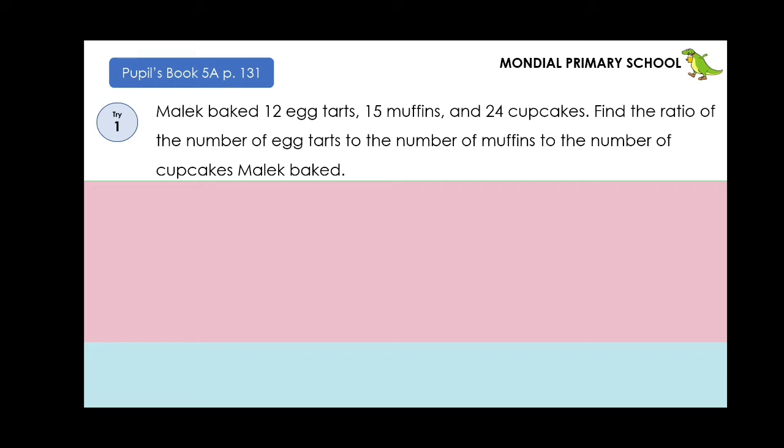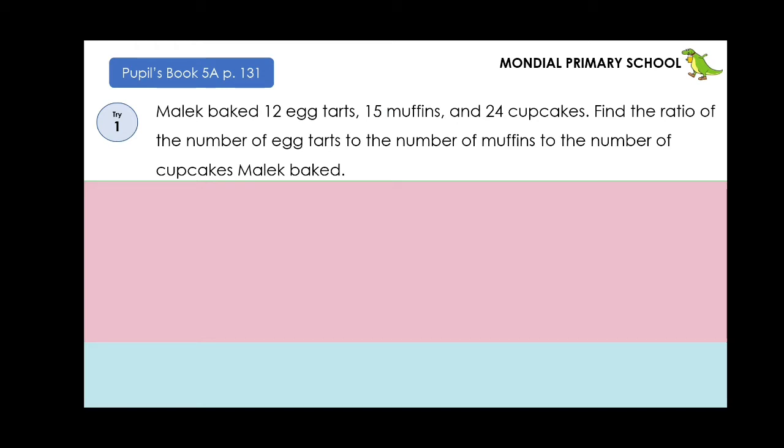Malek baked 12 egg tarts, 15 muffins, and 24 cupcakes. Find the ratio of the number of egg tarts to the number of muffins to the number of cupcakes Malek baked. What are we comparing?